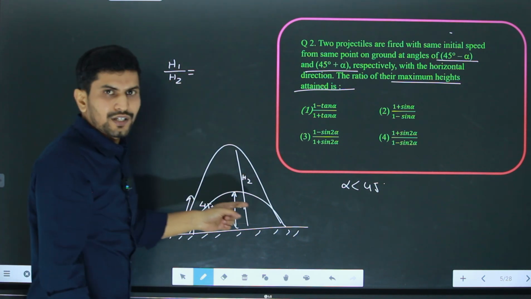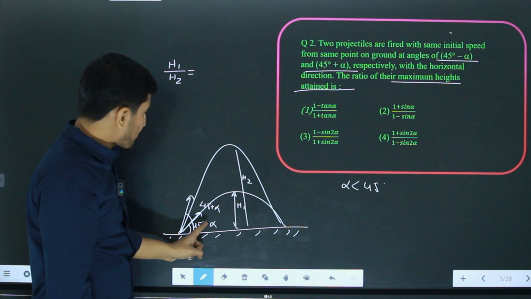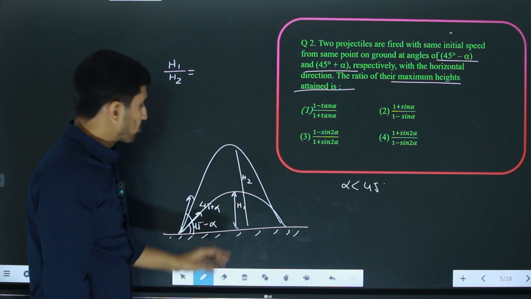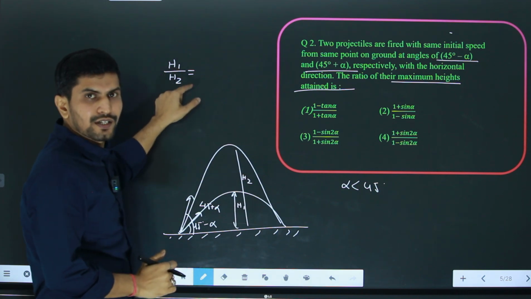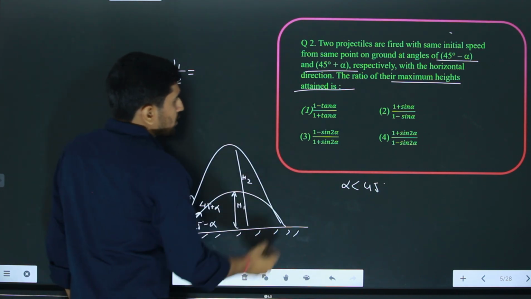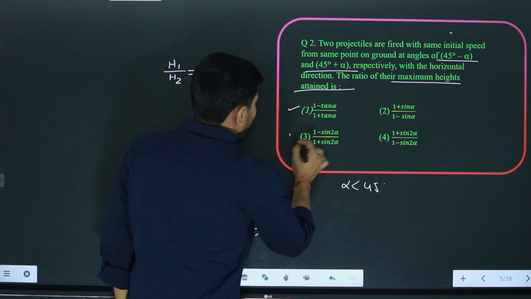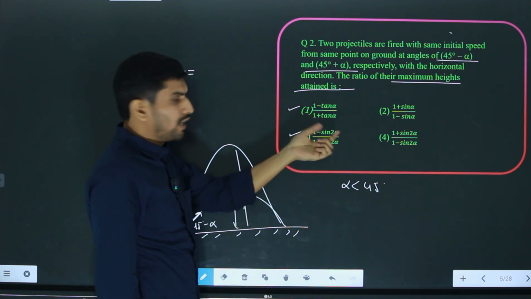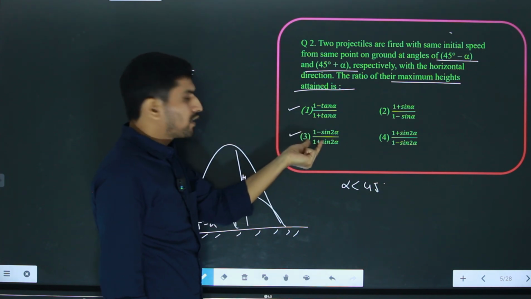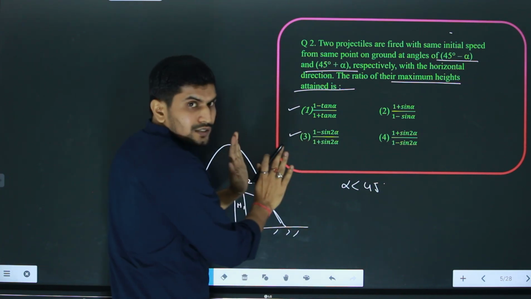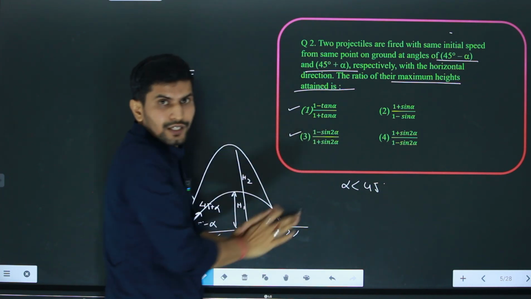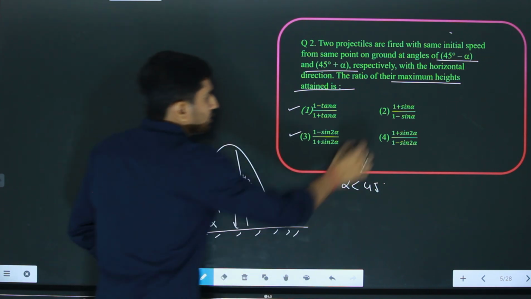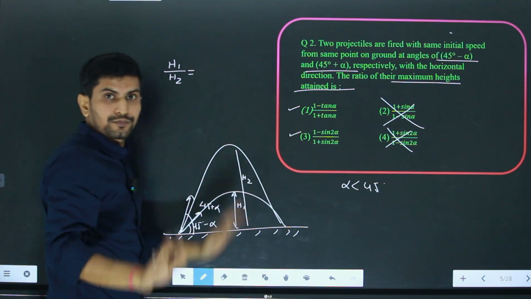We can see from the diagram that since the angle for the first projectile is less, h1 will be less, so the numerator will be less and the denominator will be more. If you look at the options, option 1 and option 3 satisfy the criteria where the numerator value is less and the denominator is more. Therefore the correct answer will be between 1 and 3. But to select the correct answer, we have to perform the calculation. But at least we can say these two cannot be the answer, right?